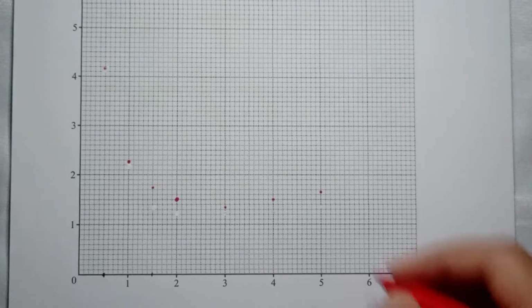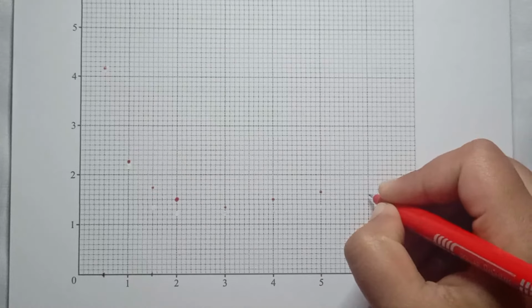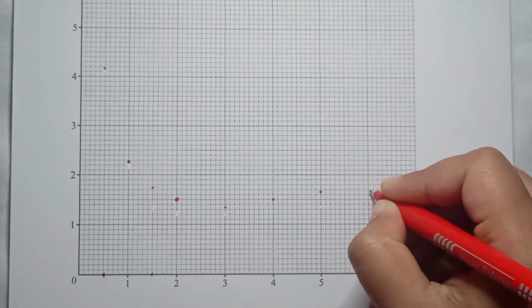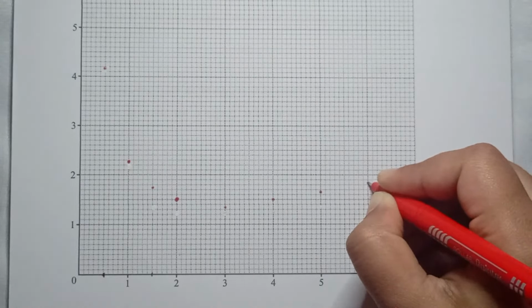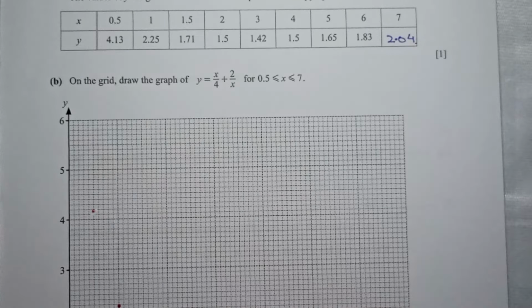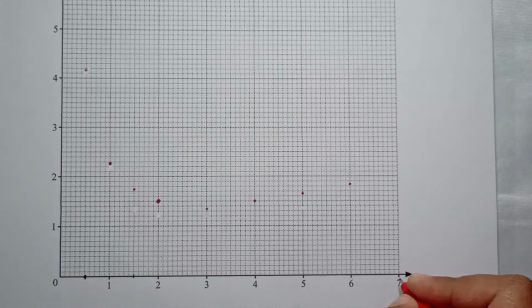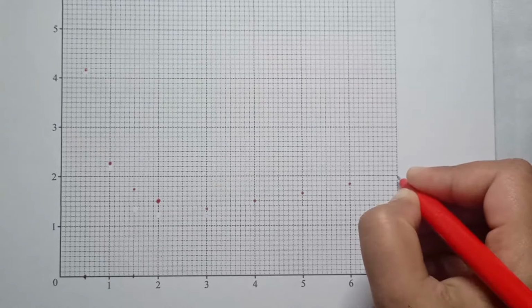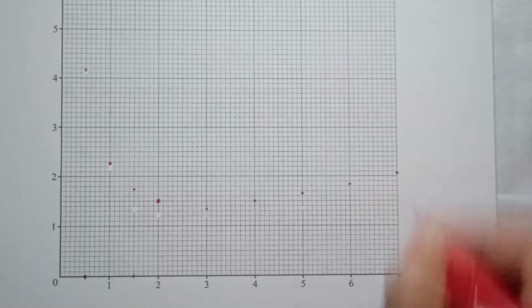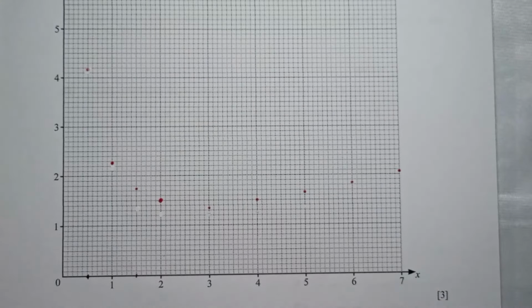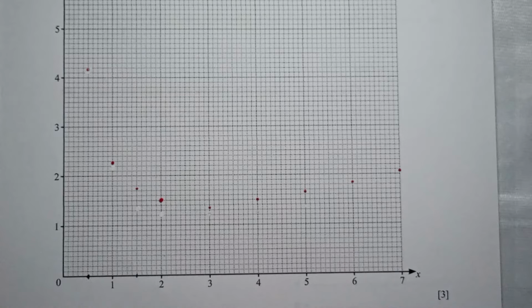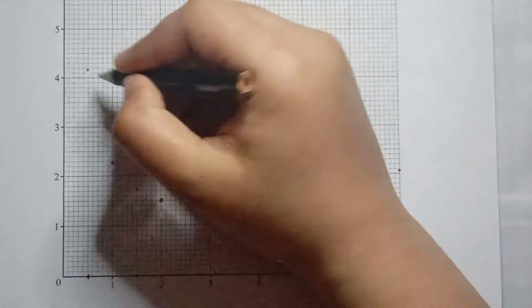Okay, the last point, when x is 7, it is 2.04, closer to 2. Yes. Let me connect all of the points to get a smooth curve for the given function.